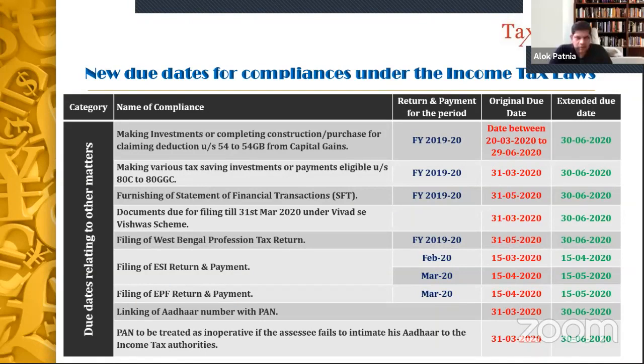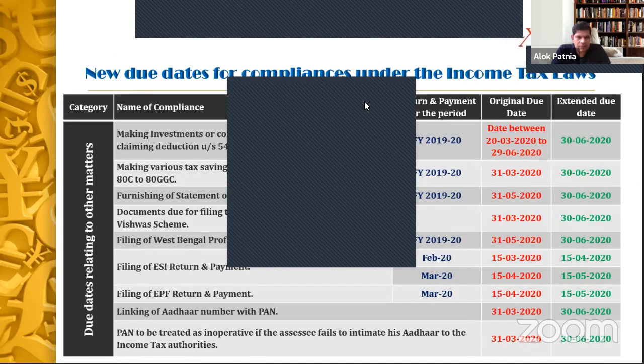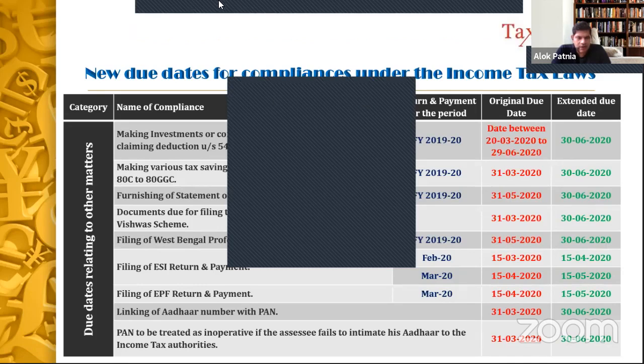So basically, this scheme was brought in by the government in the finance bill. The scheme is that if there is any litigation which is pending, and you want to pay the tax, then you will be waived off interest and penalty.